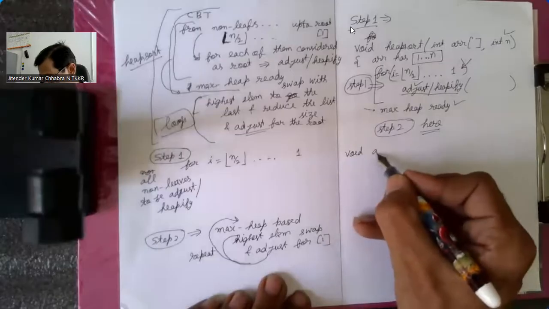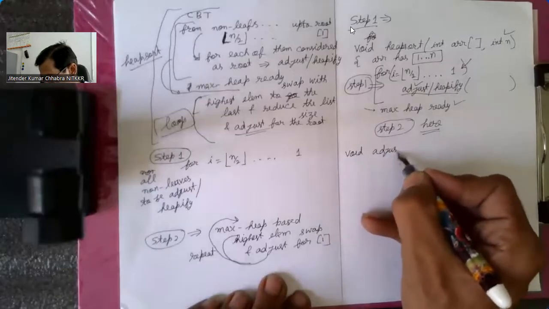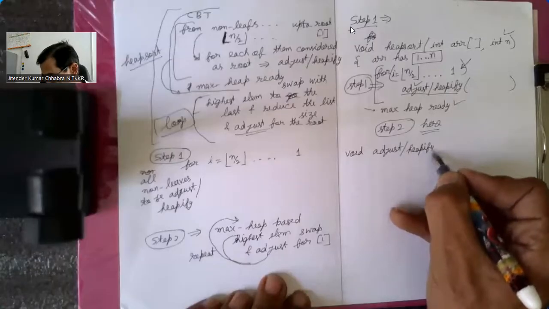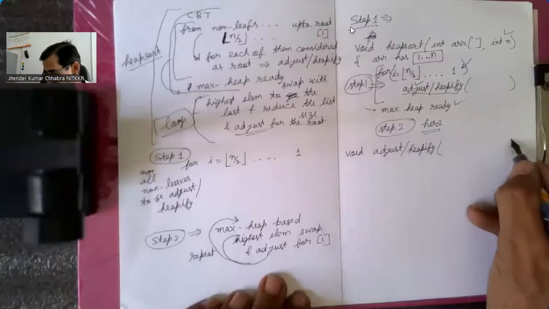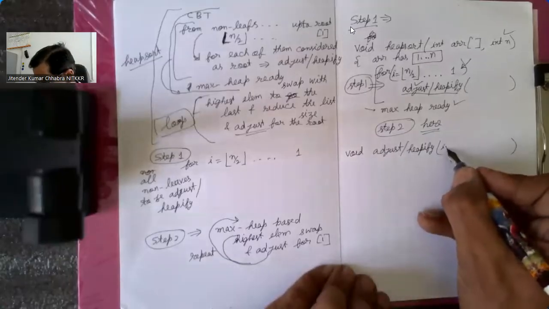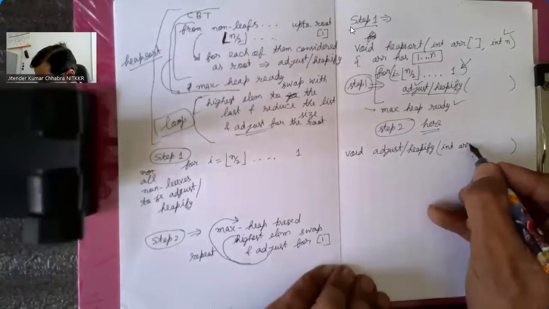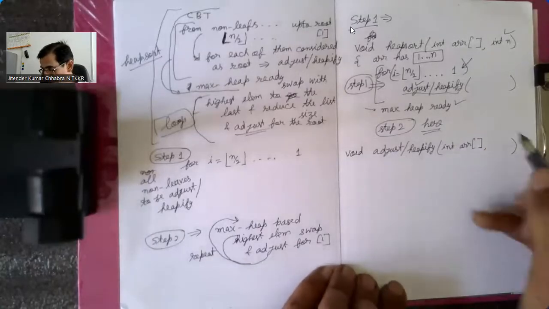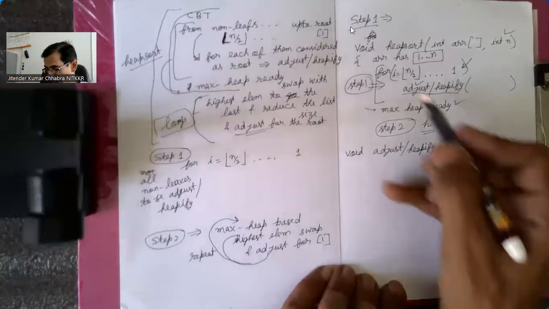So the adjust or heapify function is to be written. Void adjust or heapify, whatever you say. I am writing both names so that you remember that you can use anything. What parameters does it need? Of course, it will need your array. What else do I need? Which index onwards am I starting?